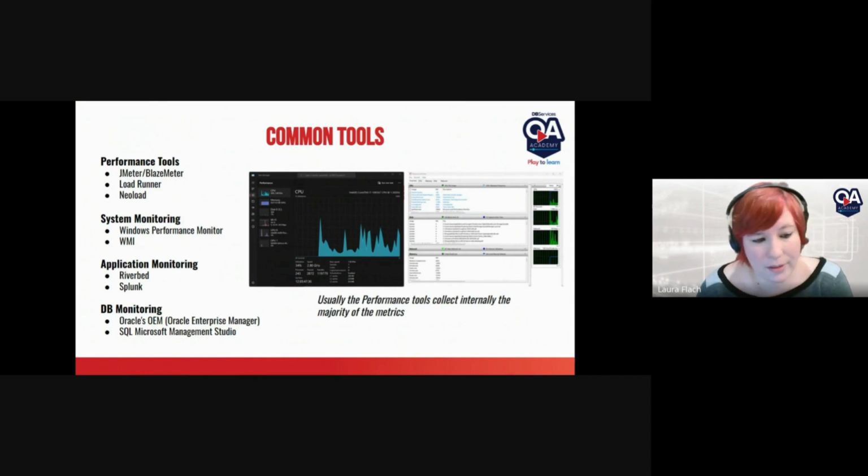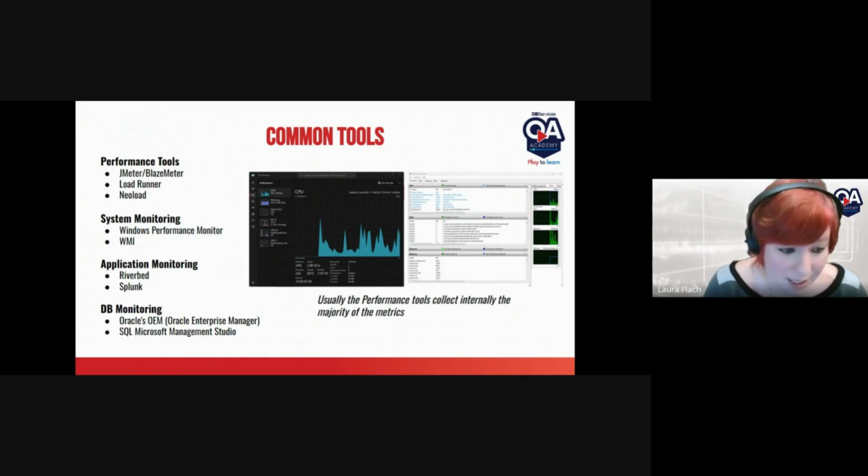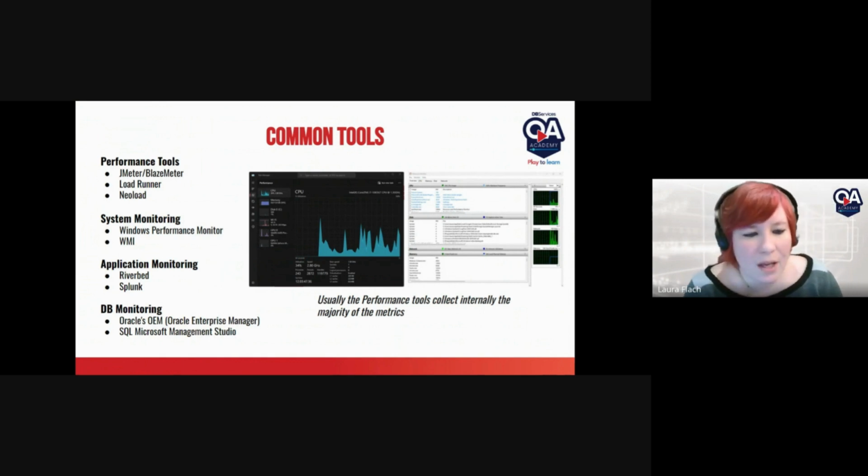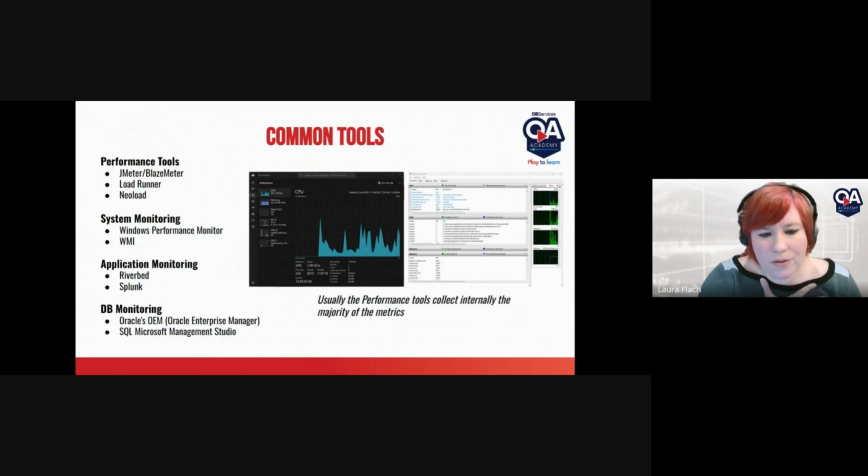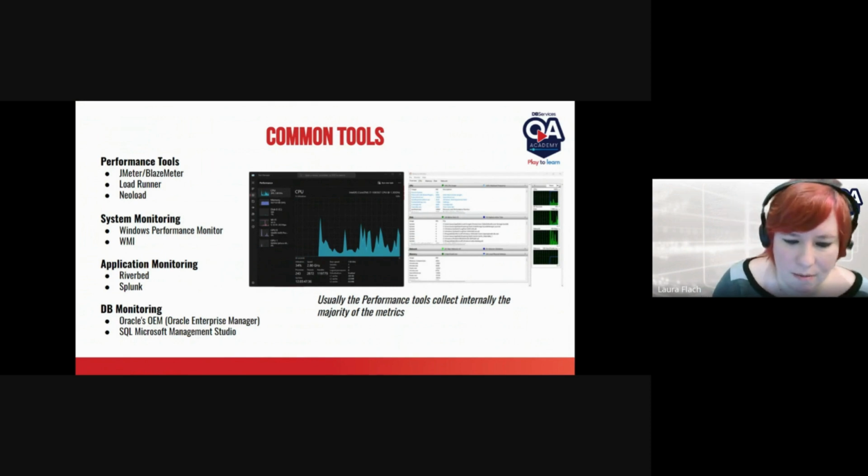For database monitoring, if it's Oracle, we have Oracle's OEM, the Oracle Enterprise Manager. We also have Microsoft SQL Server Management Studio for SQL databases. But usually the performance tools collect internally the majority of the metrics. It's good to also use external tools to be able to get more detailed metrics.